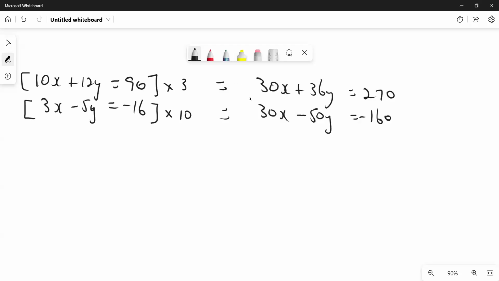What we could do is now subtract, right? When we subtract, the two x's will go. And 36y minus 50y will be what? You're basically adding them, right? And the two minuses will become a plus.